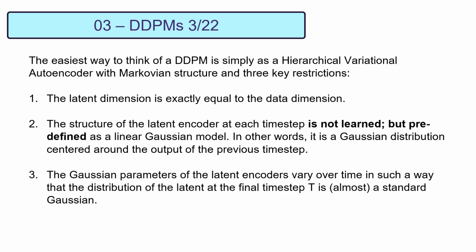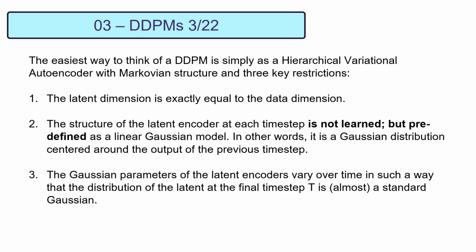If you have an image as input, and say your image is 3 by 3 by 3, just to give an example, then you're going to have a latent dimension that is 27 dimensional, so a 3 by 3 by 3 latent code.